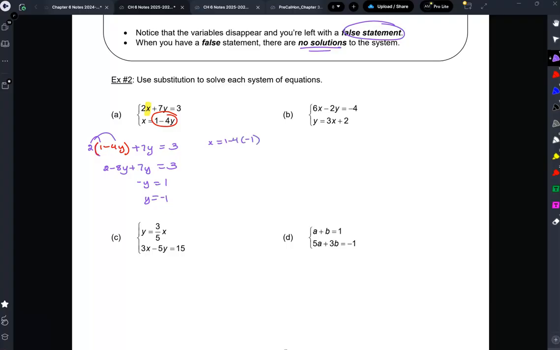Do you see how I put parentheses? Because it's x equals 1 minus 4 times negative 1. So I put negative 1 in parentheses. So that will be x equals 1 plus 4, 5. And now I write it as 5 comma negative 1 and not the other way around.